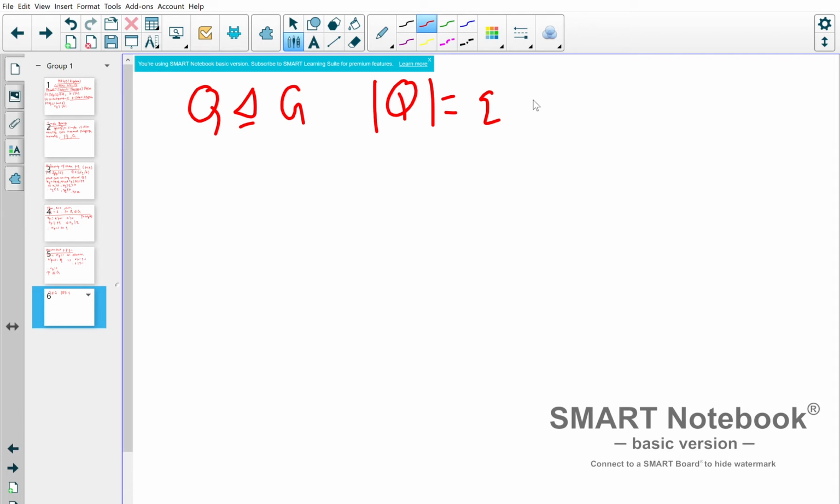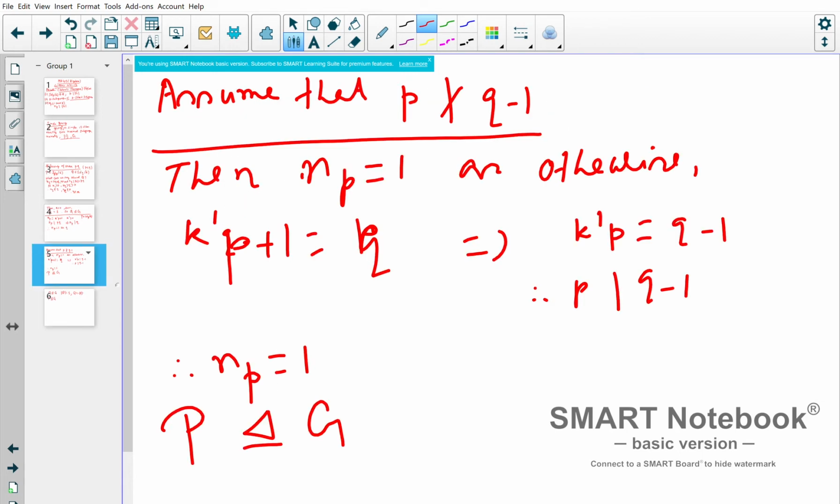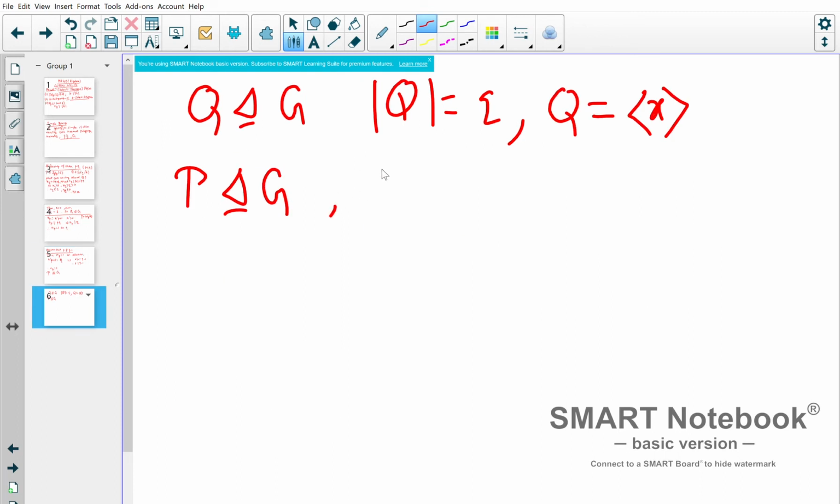And that implies that Q is a cyclic group, because any group of prime order is cyclic, so it's generated by some single element X. Similarly, P is also a normal subgroup in this case, when nP equals 1, and the cardinality of P is also a prime number, so P is also generated by a single element, say Y. Clear? So this is given to us, and you know also order of X equals Q, order of Y equals P. That's given to me, right?